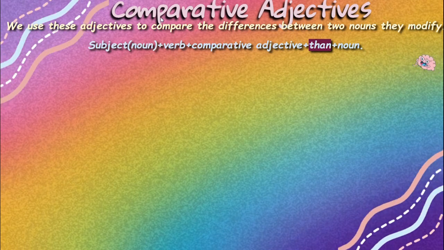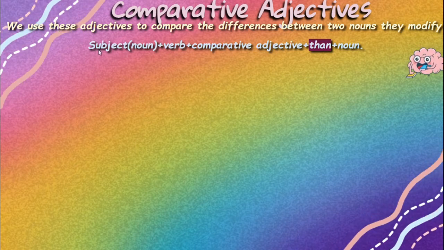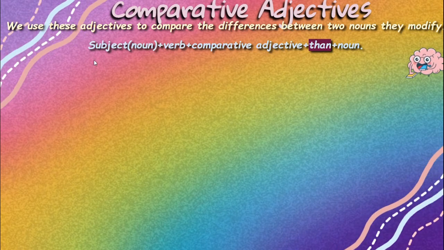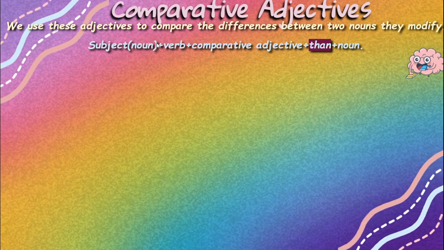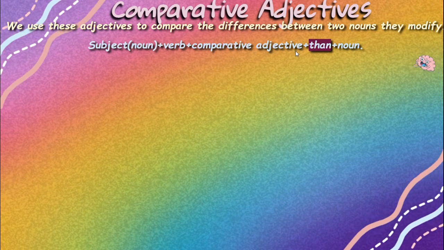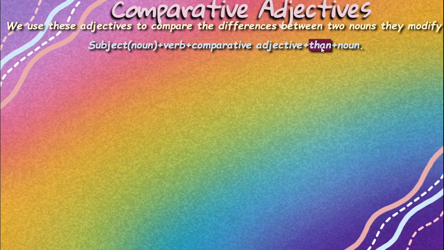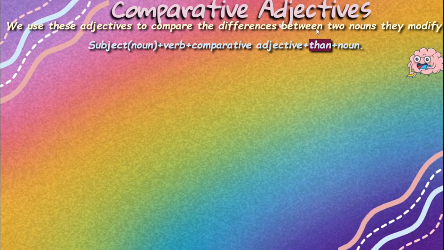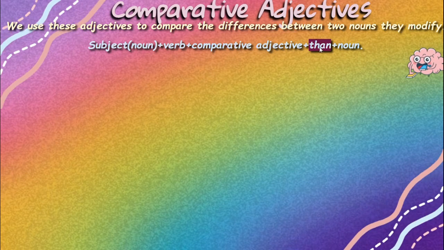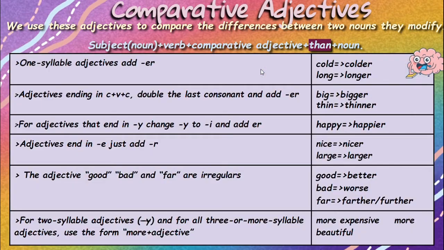Usually, these adjectives follow this structure: subject plus verb plus comparative adjective plus than plus noun. Don't forget the word than is very important.